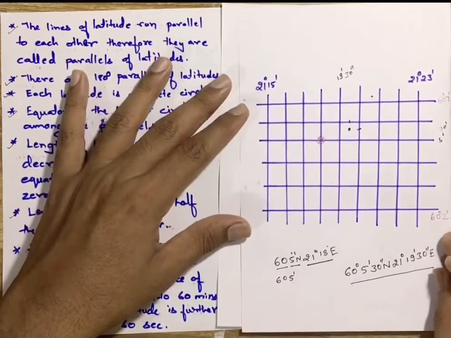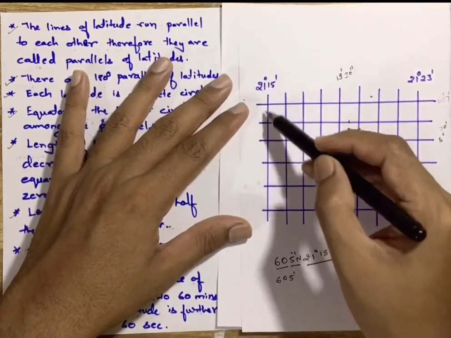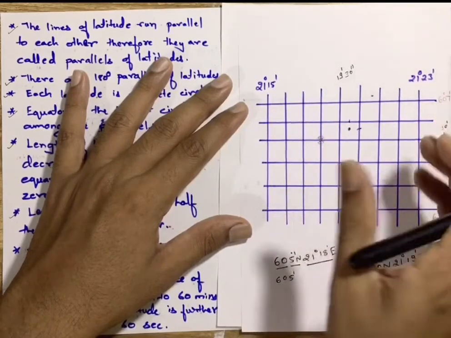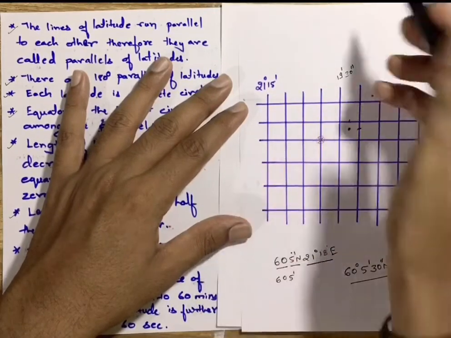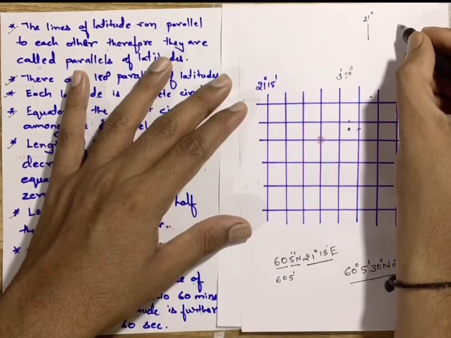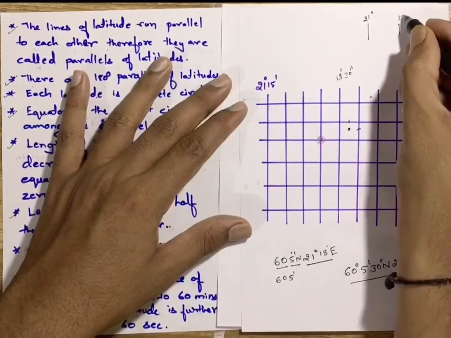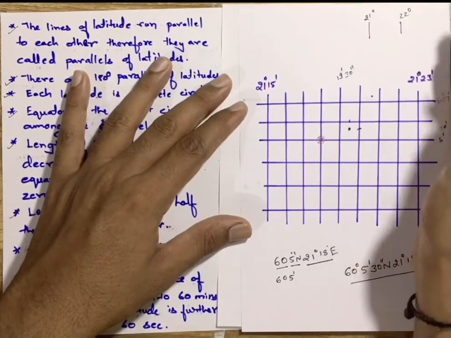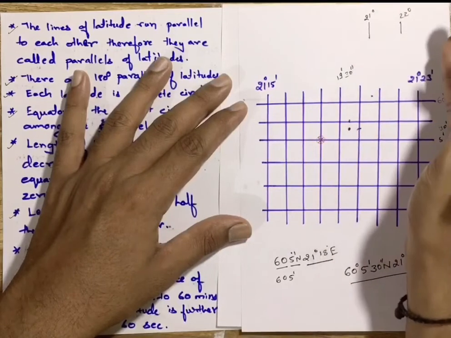Say for example, this is the 21 degree line, right? We had seen that between, say, 21 degree and 22 degree line, this gap was further divided into 60 divisions, right? 60 minutes.